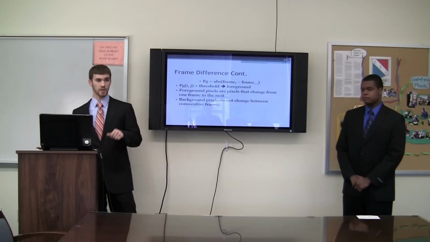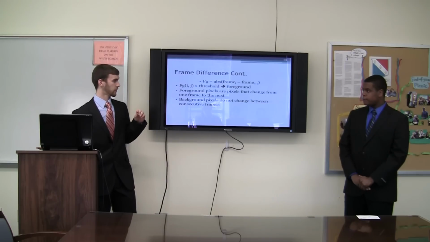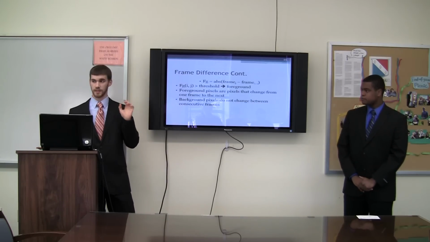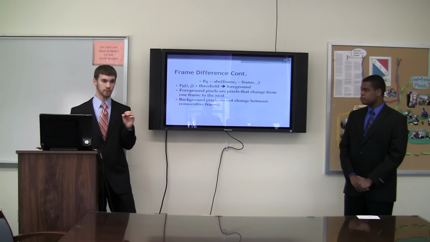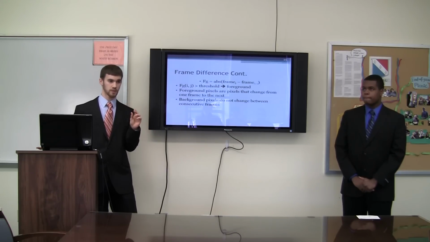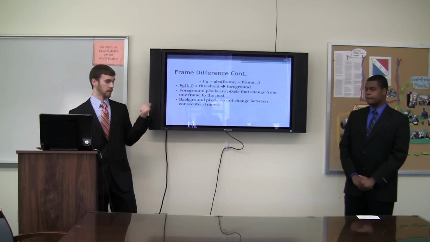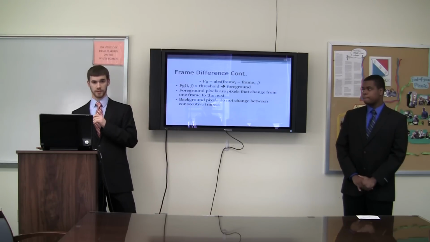We then compare each pixel in that matrix to a threshold value. If that pixel's value or intensity is larger than the threshold, it depicts movement, because the pixel's value changed by a large amount in color, so from one frame to another it's not the same. Background pixels do not change between consecutive frames. Foreground pixels do change.